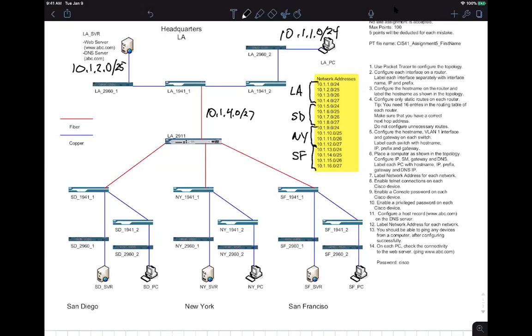And you notice here too that there's one extra link, one extra link here for router to router. /26 here. Okay, is that making sense?